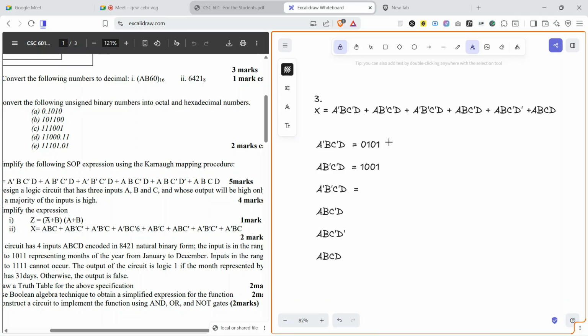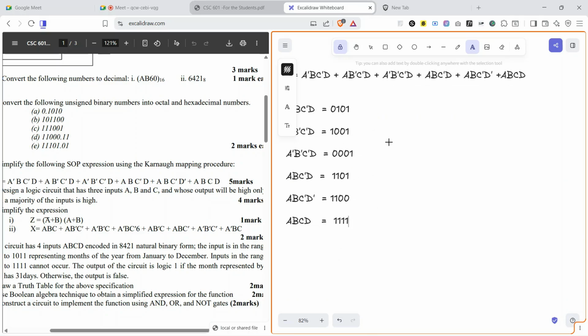Then this should be 0001. Then this should be 1101. This should be 1100, and this should be 1111.